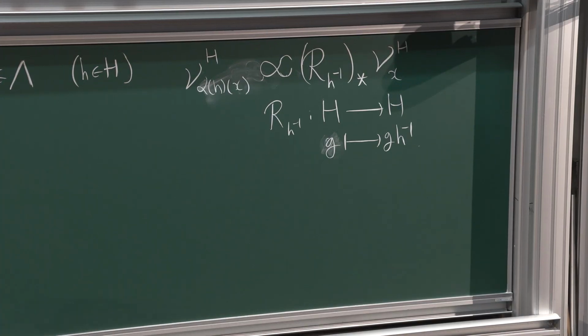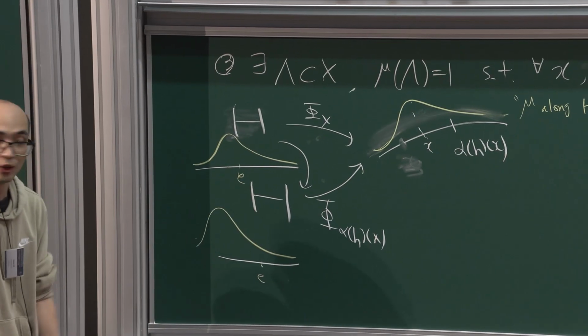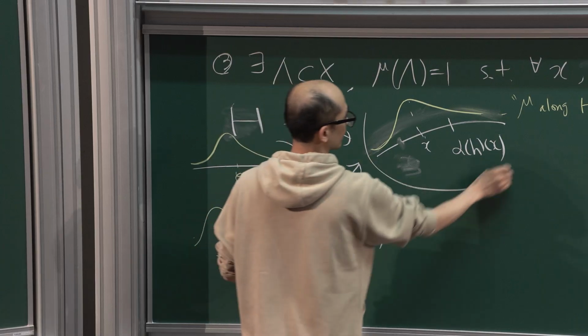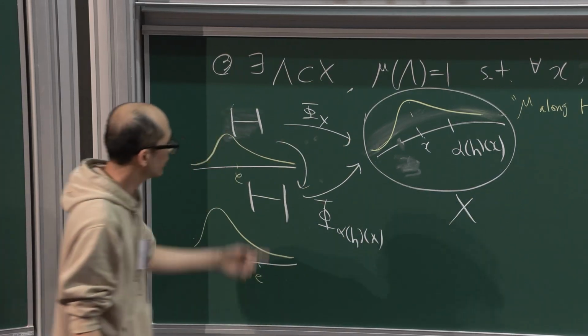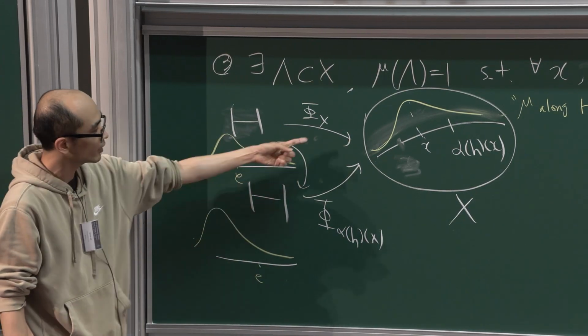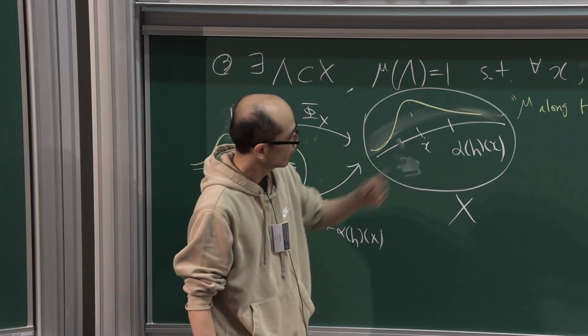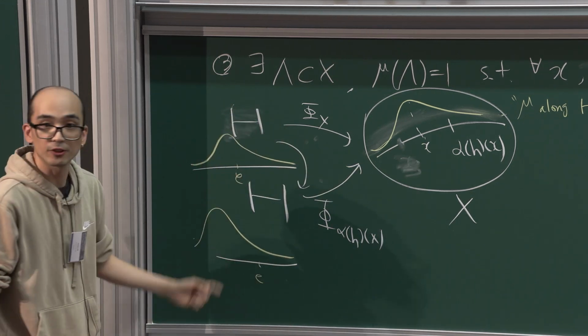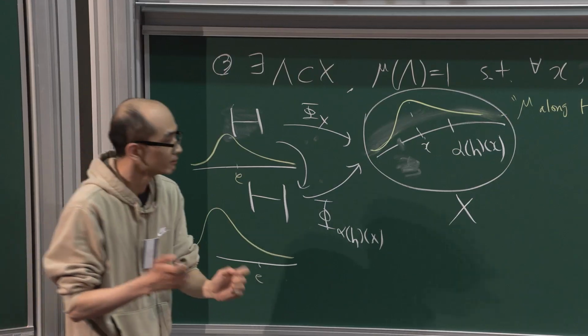This is exactly what the picture says, right? You have the same measure on the x itself, but if you pull back to h, then because of the difference in the base point, you will see the difference by the translation.